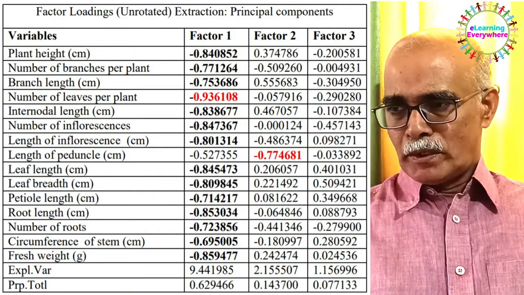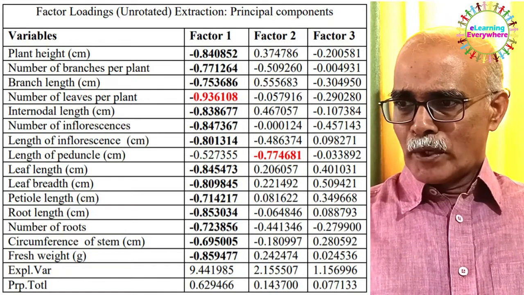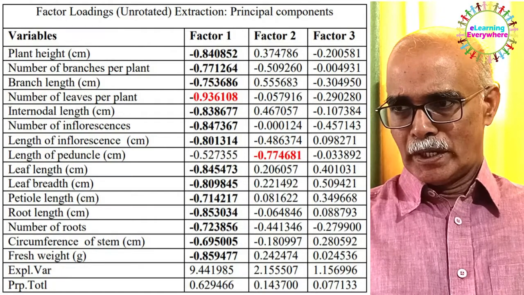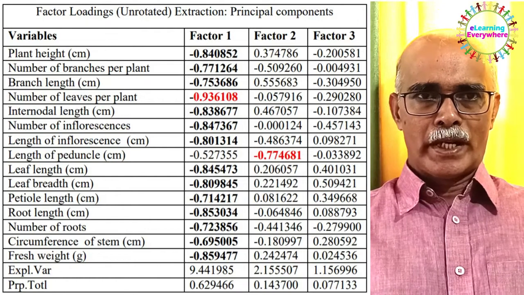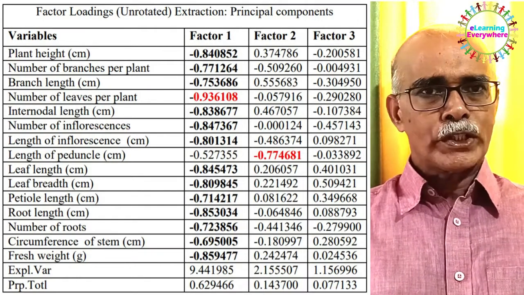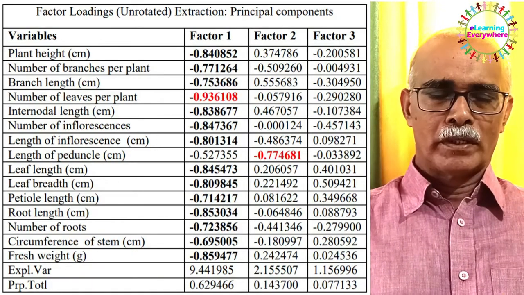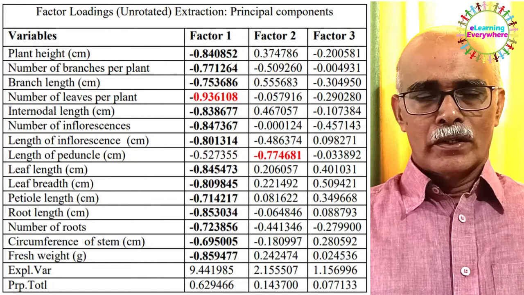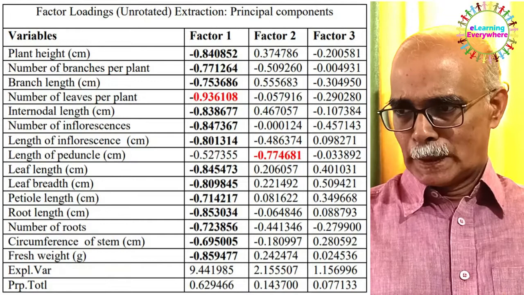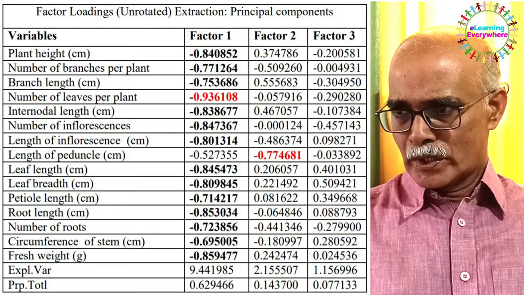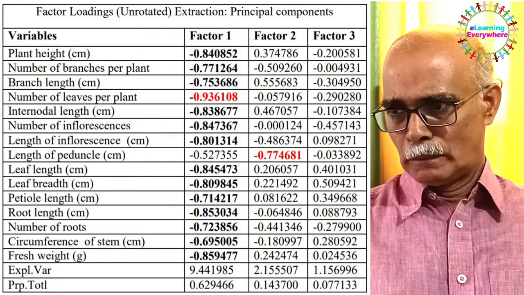And among these variables, based on factor loadings, you can see that number of leaves per plant shows the highest value of factor load, and it is the most variable character, the most influential character in that particular group, in that particular factor. So you can say that it is the lead variable in that factor. And of course, some other variables come immediately below.